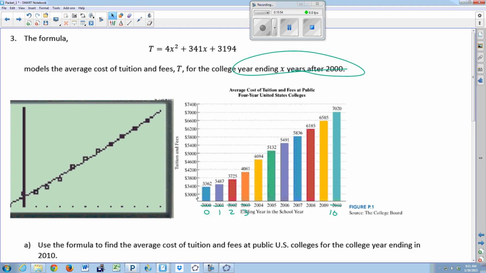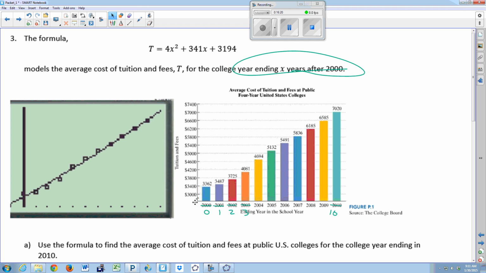Those are big numbers to put into your calculator, 2000 or 2015 or 1999. So often you pick a base year, whatever year you want. 2000 is really nice to start with because everything else you're just looking at the last digit or the last two digits. So X is going to be, in this case, a number that's 0 through 10. Or if you go outside of the data set, it will be a number bigger than 10.